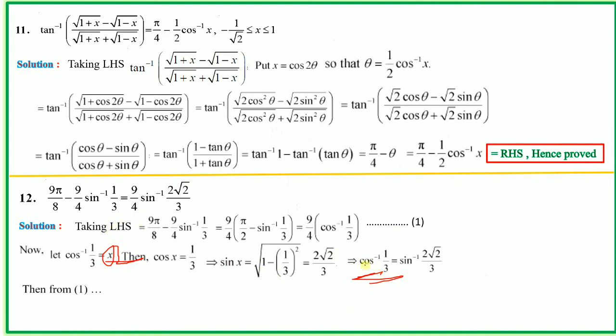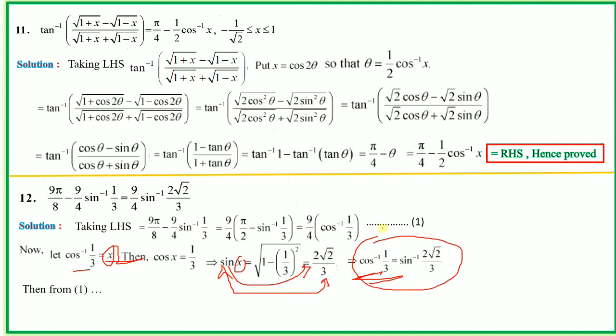Now this is cos inverse 1 by 3 as we have supposed in the question, and from this and this, taking sin inverse both sides, x will be equal to sin inverse 2 root 2 upon 3. So these two we have compared, and we found cos inverse 1 by 3 is equal to sin inverse 2 root 2 upon 3.